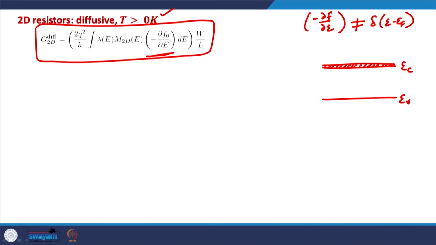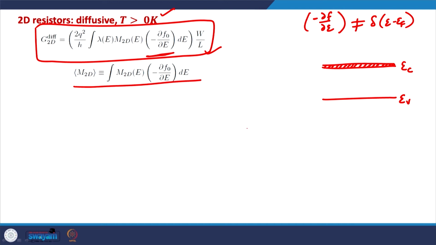Okay. So, at T greater than 0 Kelvin, at room temperature also, we begin with this expression, and now we make this replacement.